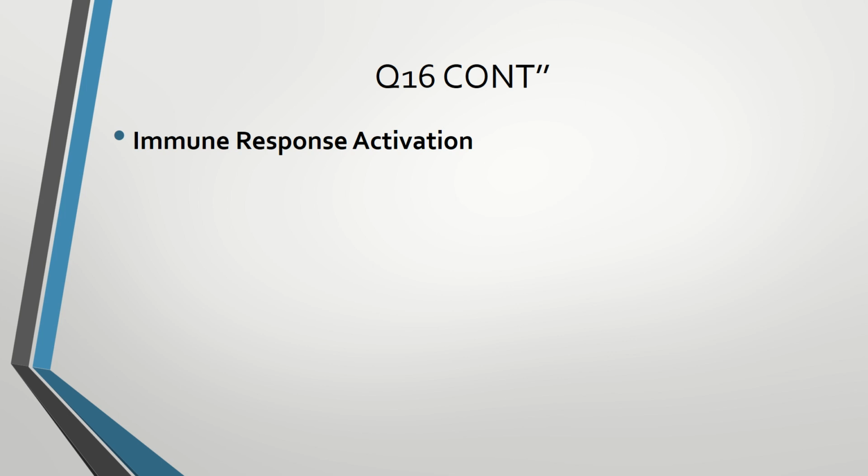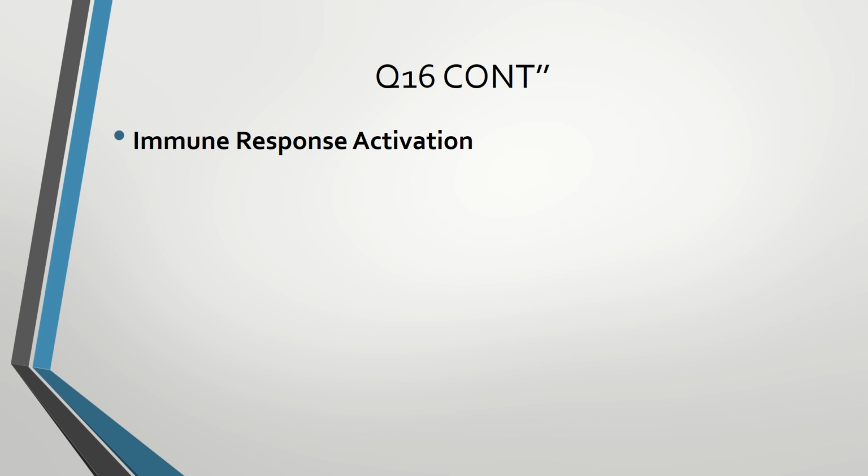When you are vaccinated, the vaccine triggers the immune response. So the body starts to produce antibodies against that virus or vaccine. During the production of antibodies, there is also the development of memory cells.